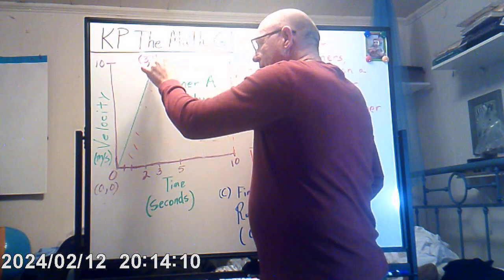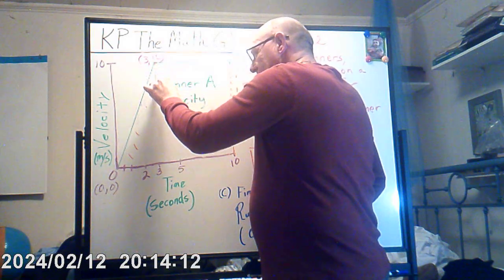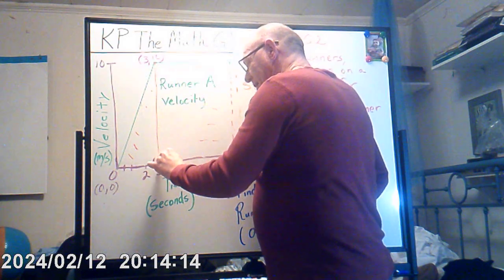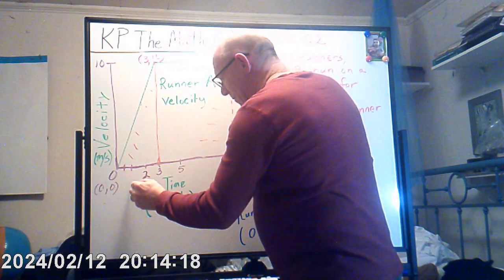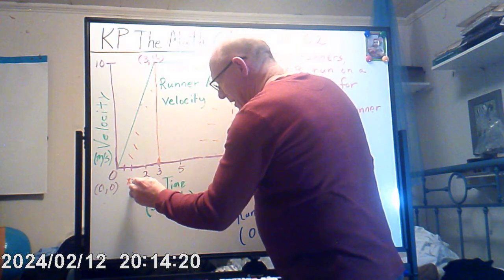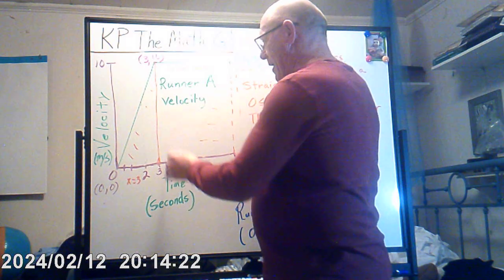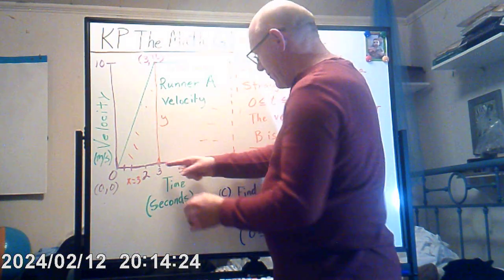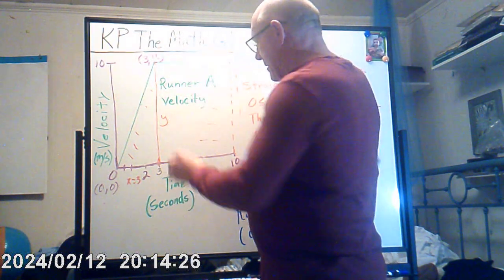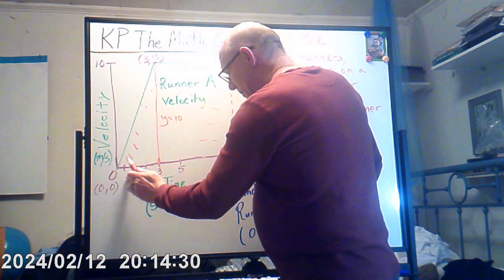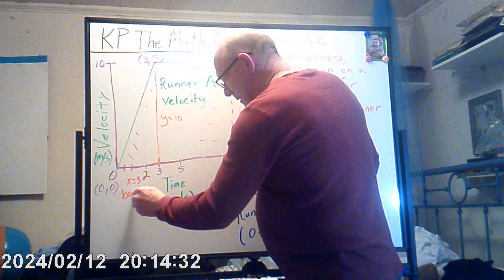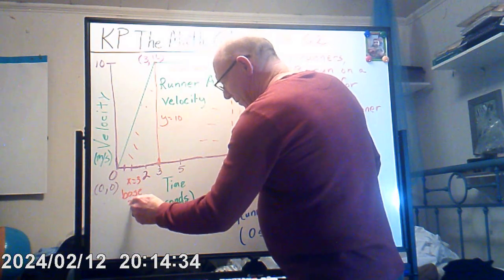This is at 3, 10, so we're going to go straight down where X is 3. We know that X is 3 and Y, from 0 to 10, is 10. This is the base. The base is equal to 3.